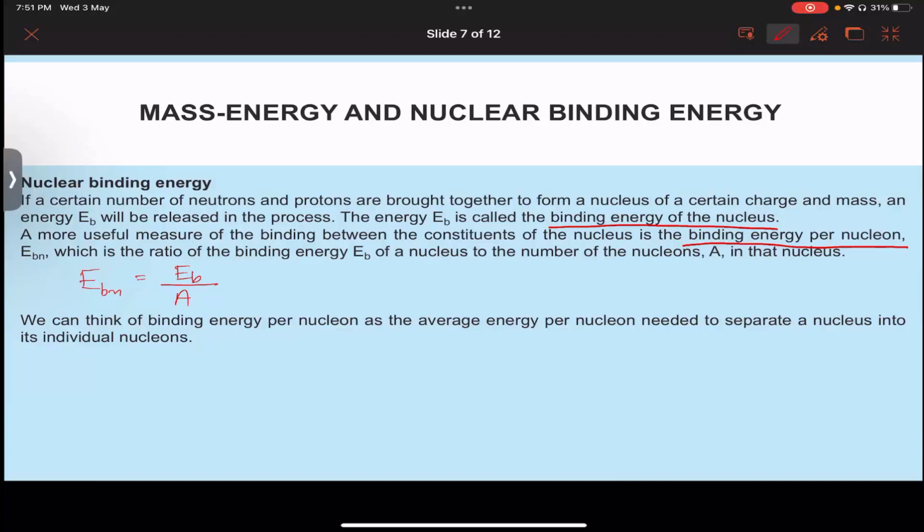This binding energy per nucleon can be understood as the average energy per nucleon that is needed to separate a nucleus into its individual nucleons, the protons and neutrons.